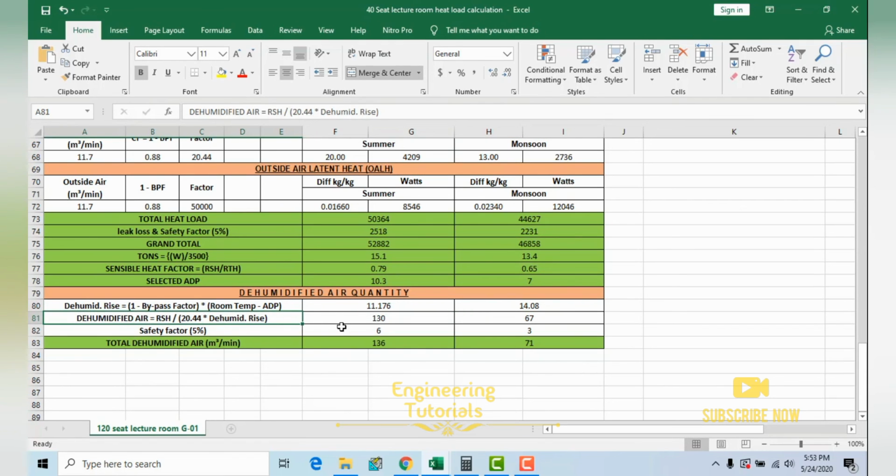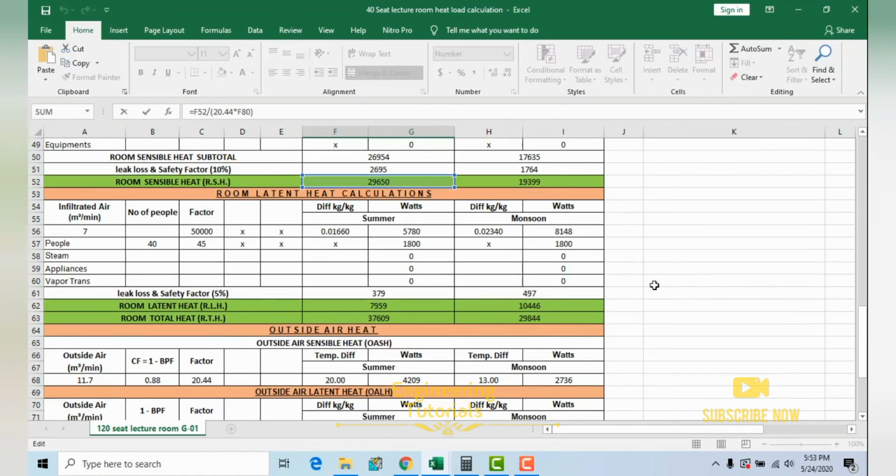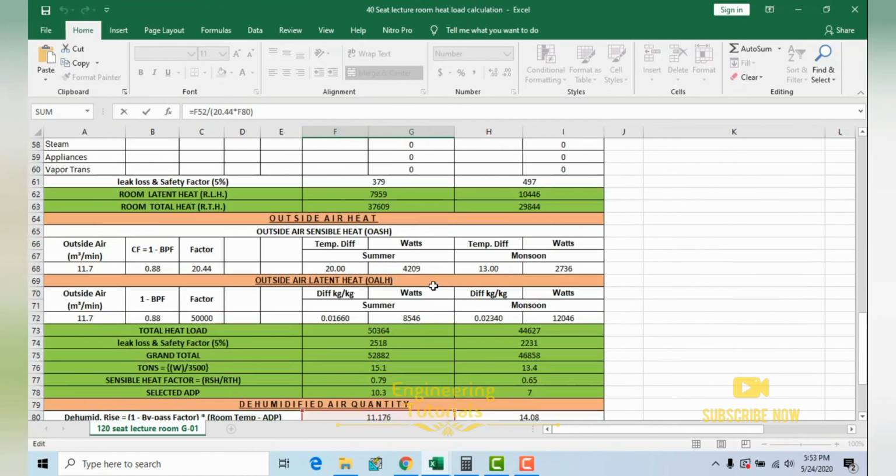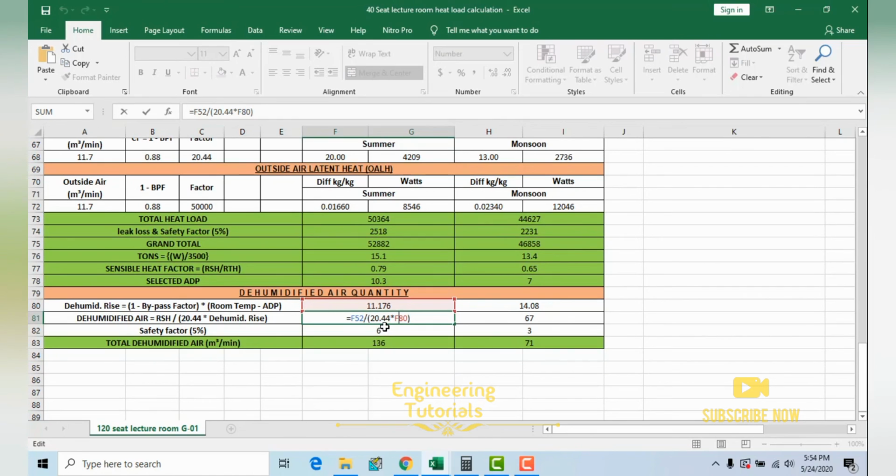So now we have to calculate the dehumidified air requirement for summer and for monsoon. Dehumidified air requirement for summer is room sensible heat divided by 20.4 into dehumidified rise. So room sensible heat we already calculated before, as you see over here, this one, divided by 20.4 into dehumidified rise, this one 11.176.